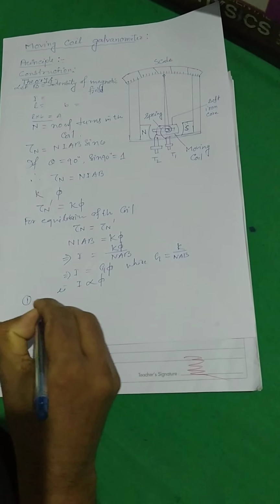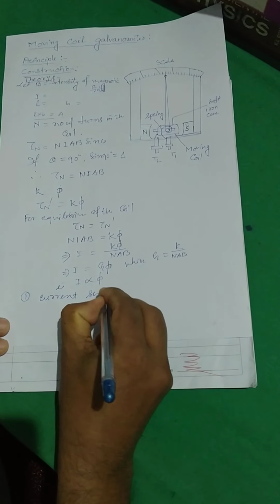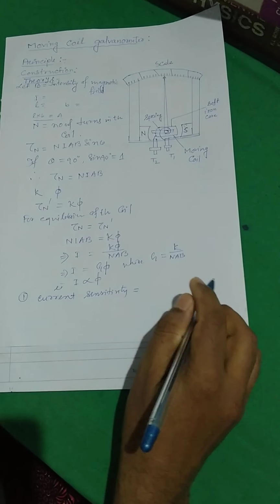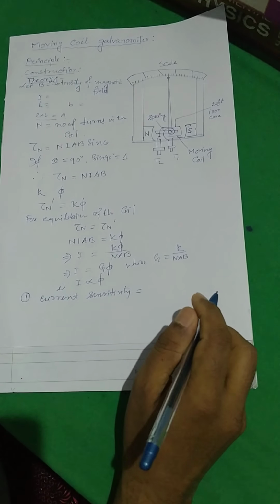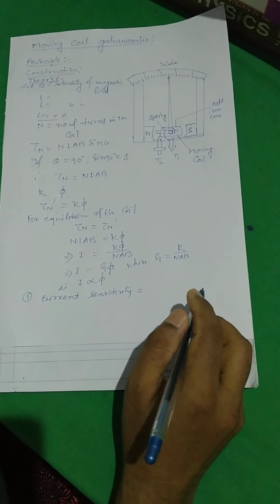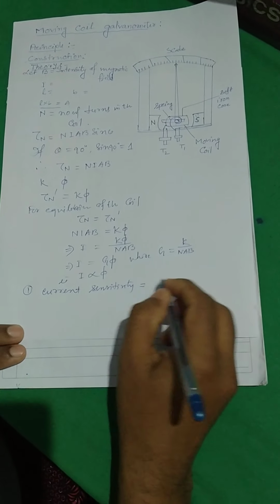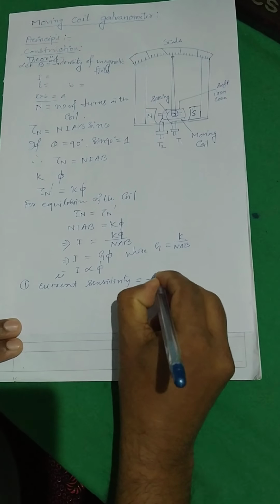The first one is current sensitivity. It is defined as the deflection produced in the galvanometer per unit current flowing through it. That is, we can write current sensitivity equal to phi by I.